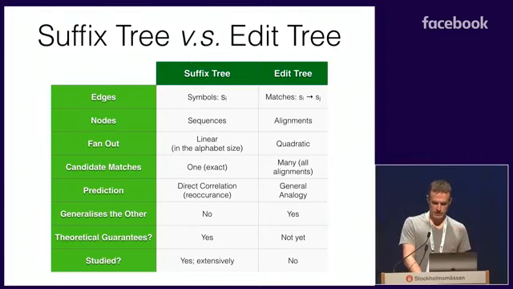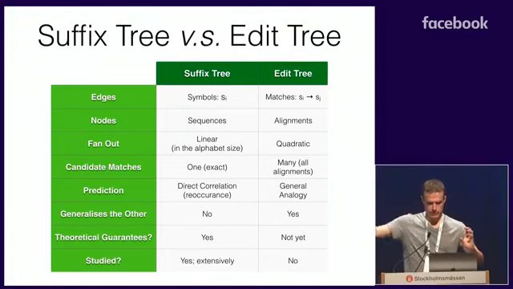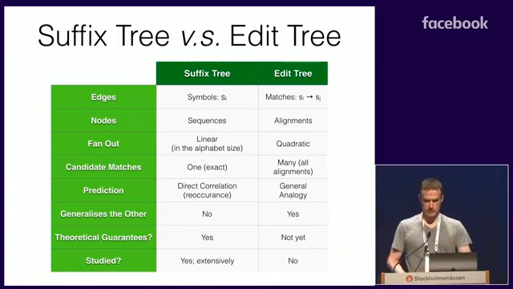The fan out of the suffix tree is linear in the alphabet size, whereas for the edit tree it's quadratic. With the suffix tree, you only have one matching vertex when you're making your forecast because there's only one exact match for your suffix. With the edit tree, you have many candidate alignments, and because of that, you have to somehow weight all of these things. So you have to learn some importance weight, if you like.